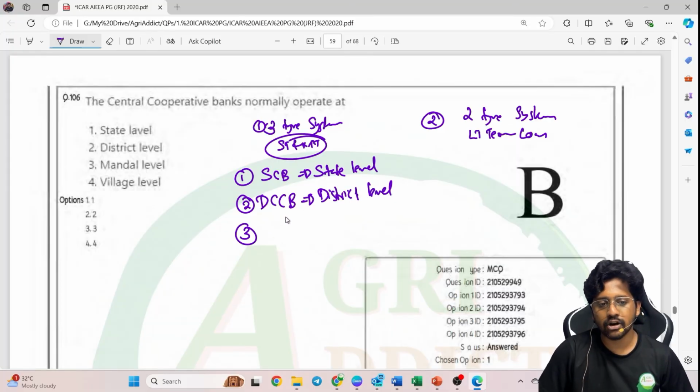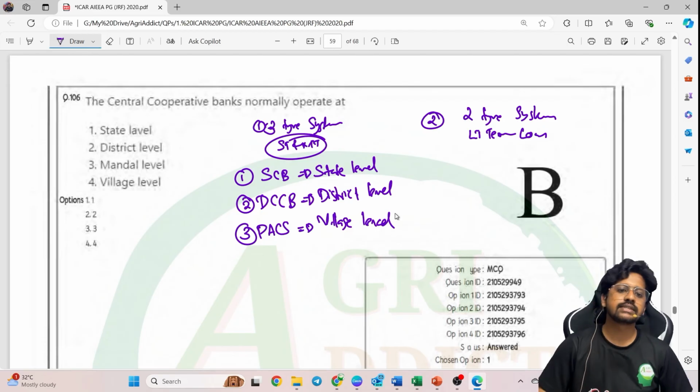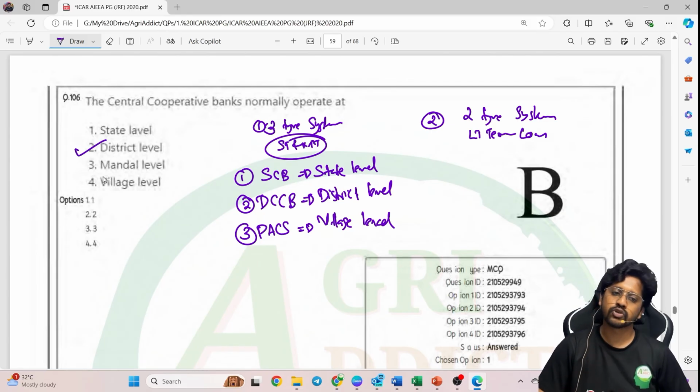Under the district central cooperative bank, primary agricultural cooperative credit societies will be there, abbreviated as PACs, which work at the village level, right? So this is the three-tier system for the disbursement of short-term and medium-term loans. Here they are asking about the central cooperative banks. Here the district central cooperative bank is the one which normally operates at the district level. So option 2 will be the correct answer.